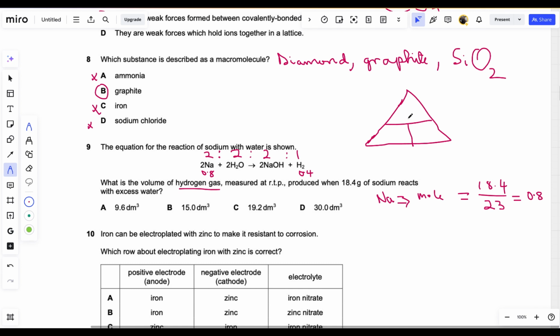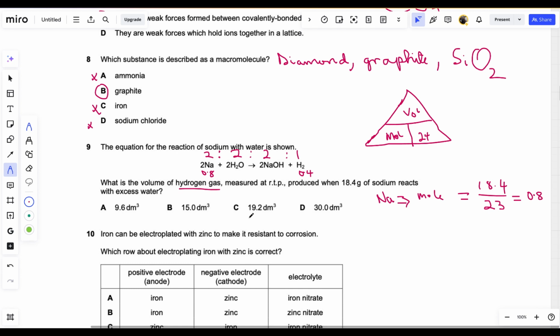Number of mole equals the volume divided by 24 dm cube. However, if what we have is not in dm cube, we know how to convert to centimeter cube.